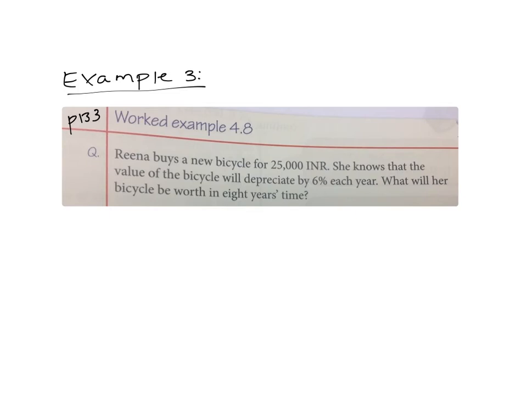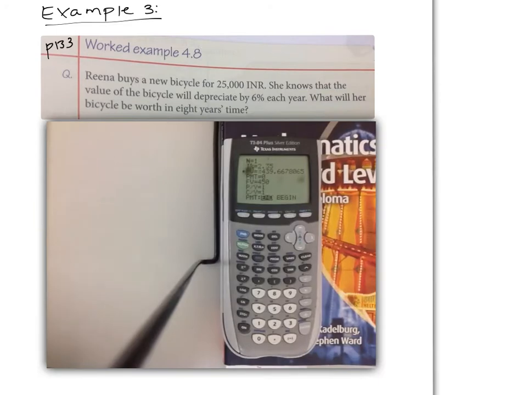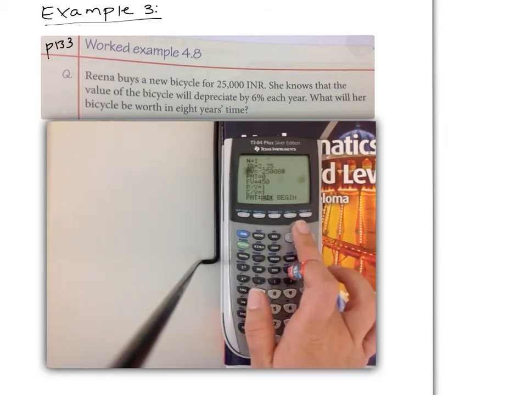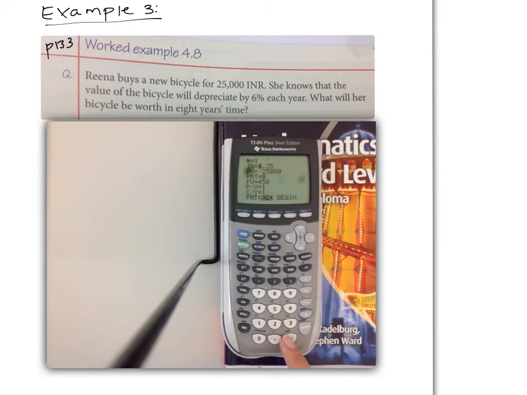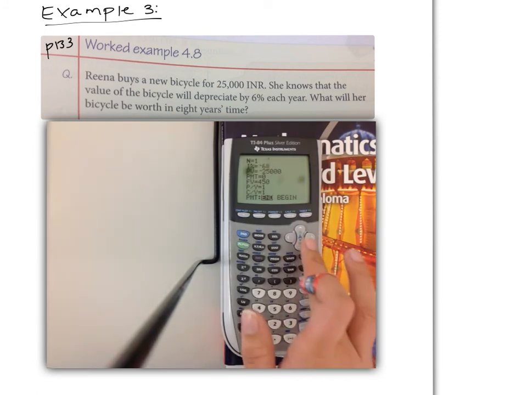So if we look at this situation, Rena buys a new bicycle for $25,000 INR. She knows that the value of bicycles is going to depreciate by 6% each year. What will her bicycle be worth in 8 years' time? Okay, so we're going to enter what we know. Right now, the present value of her bicycle is 25,000, so I'm going to enter it as a negative 25,000. The value of the bike is going to depreciate by 6% each year, so my percent is not going to be positive 6%, but negative 6%.